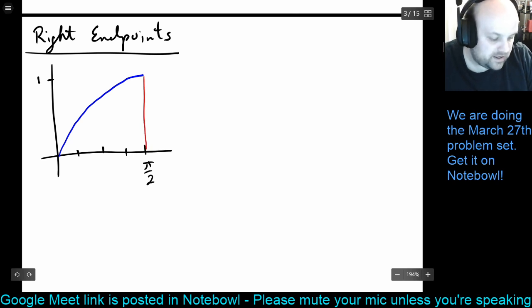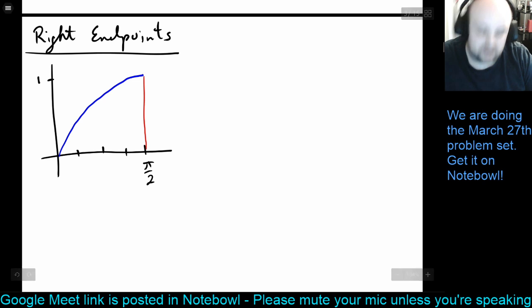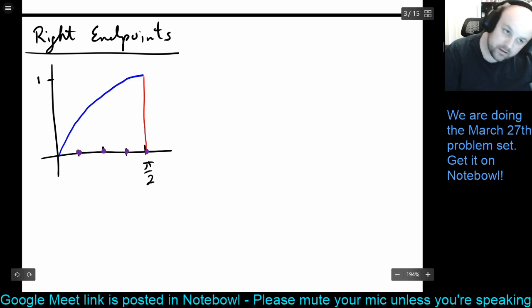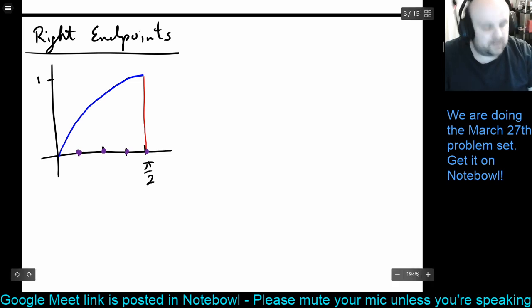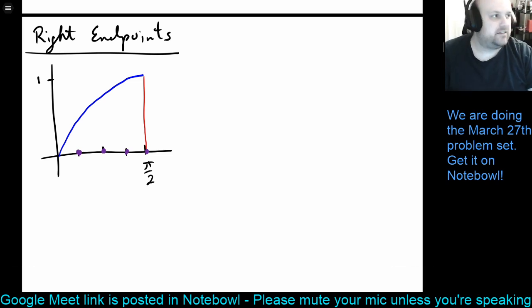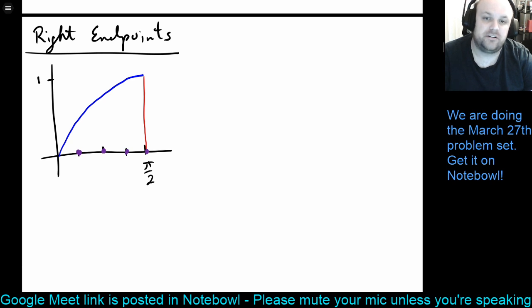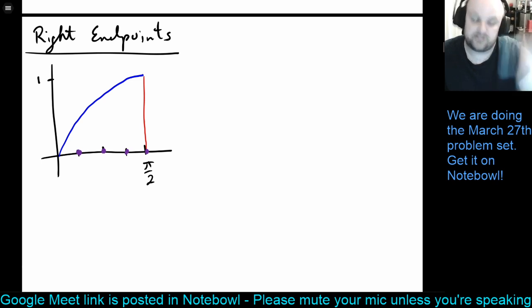But this time, those purple dots, instead of being on the left ends of all of these, go on the right edges. And to get the height of the rectangles, again, we take these 4 x values and plug them into the function to get our height. Plugging them into the function basically just moves us up to where the function is.